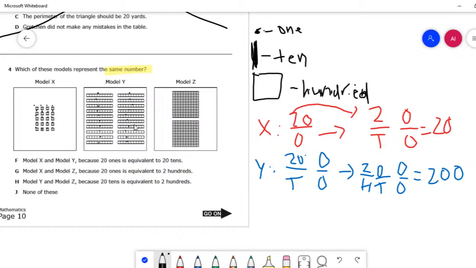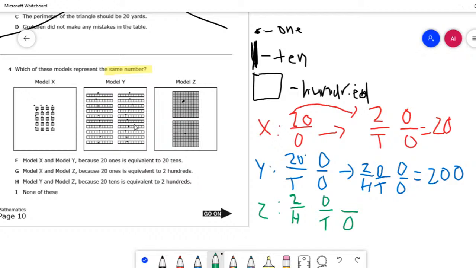Now last, let's look at model Z. Here, we just have 2 flats. And as we talked about earlier, 1 flat represents 100. So in model Z, we have hundreds, in which we have 2. We have tens, in which we have 0.